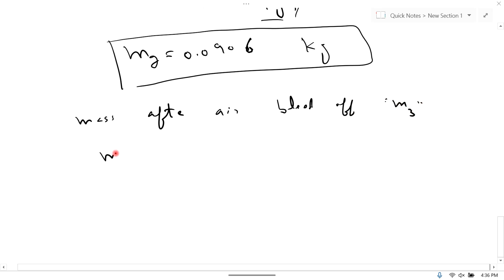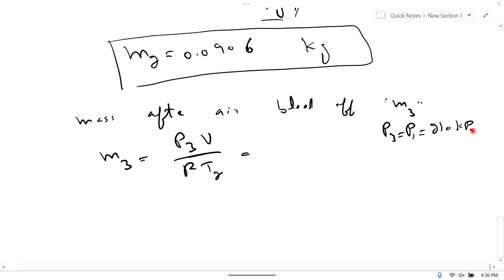So M3 is equal to P3 V divided by R T3. P3 is basically, to restore to the initial pressure, equal to P1. This is the absolute pressure, not gauge pressure. The absolute pressure to restore is 310, and the gauge is 210.